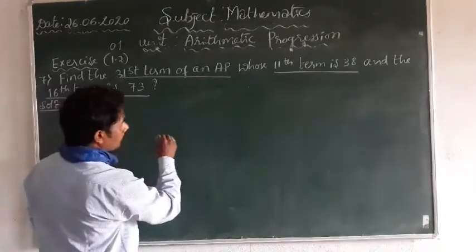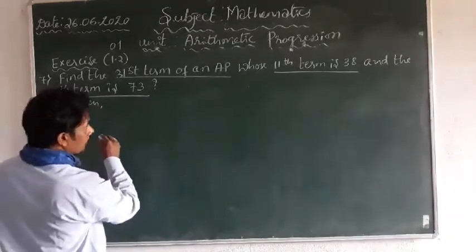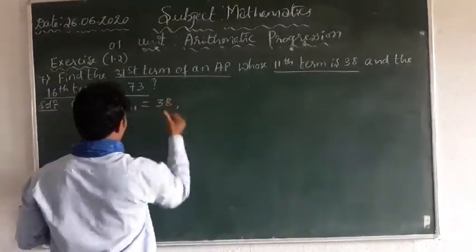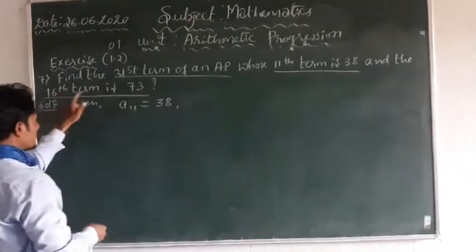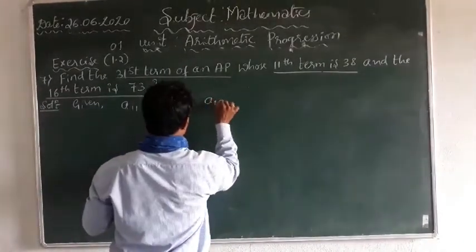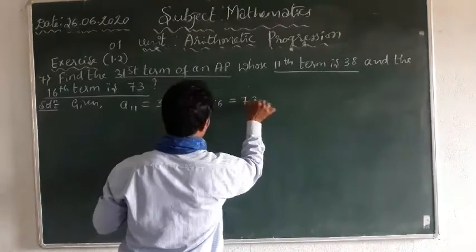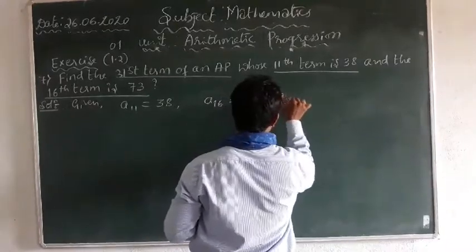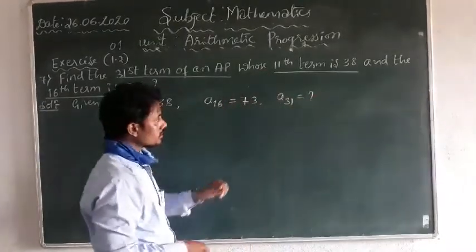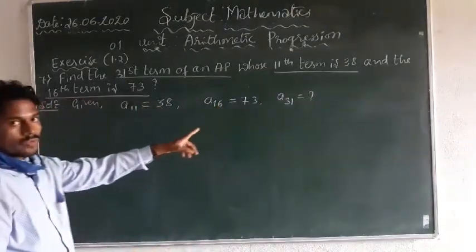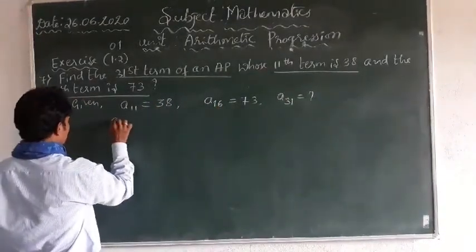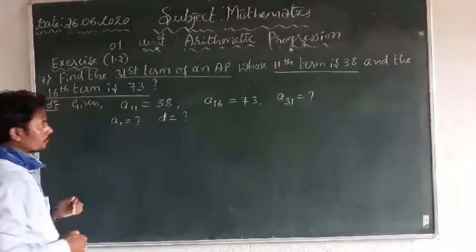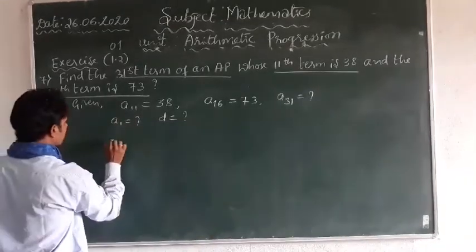Given the 11th term is 38 and the 16th term is 73. How can A11 be written?